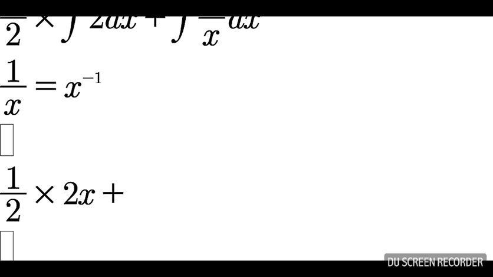So now we have 1/2 times the integral of 2 dx, which gives 2x. Let me put this in brackets for ease of understanding. Again, if I integrate 1/x, which is x inverse, I'll have, in absolute bars, ln x, the natural log of x, or you can say log x base e, where e is a natural number.